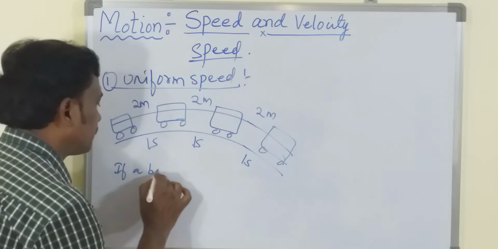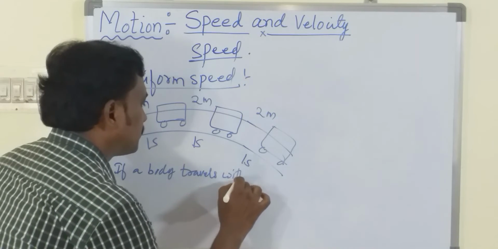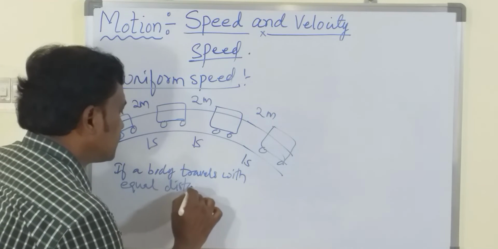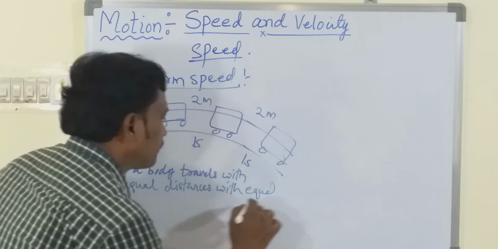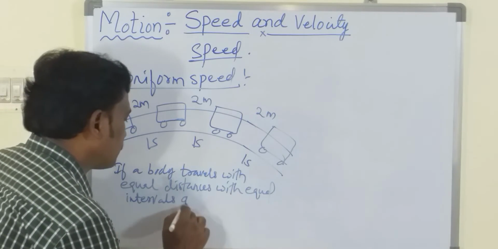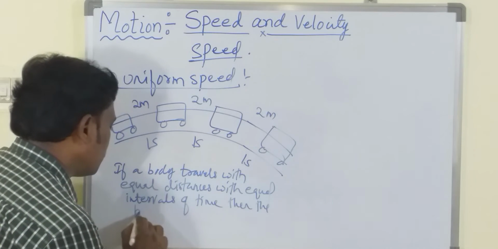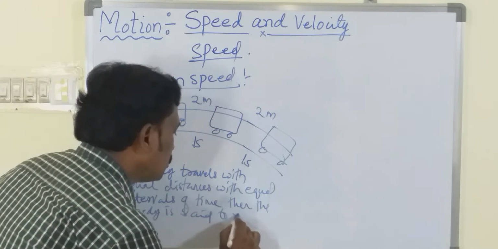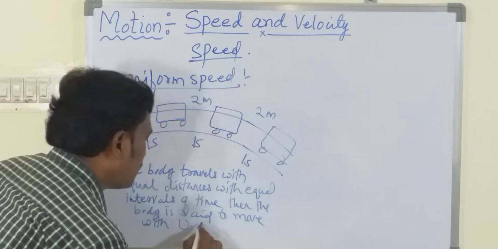If a body travels with equal distances with equal intervals of time, then the body is said to move with uniform speed.